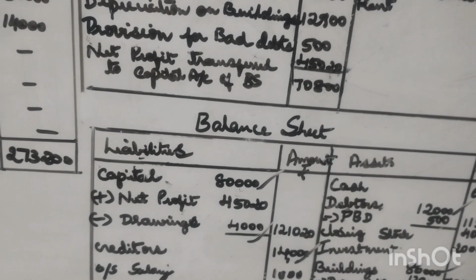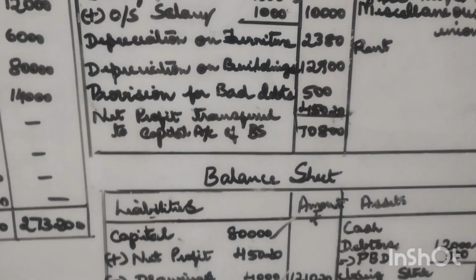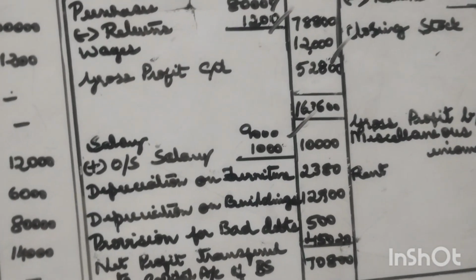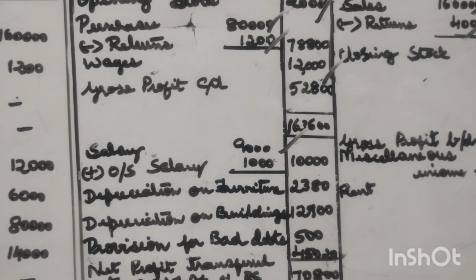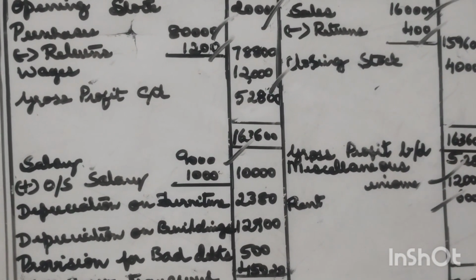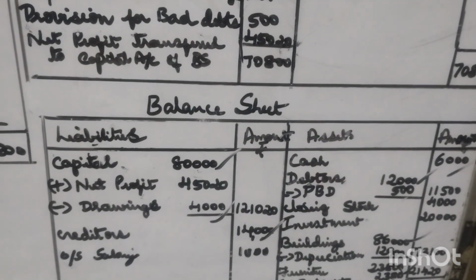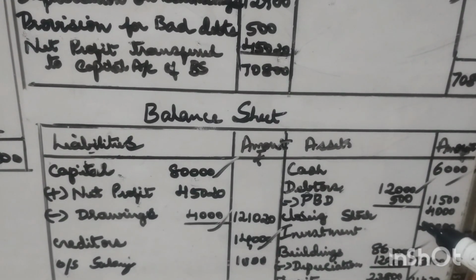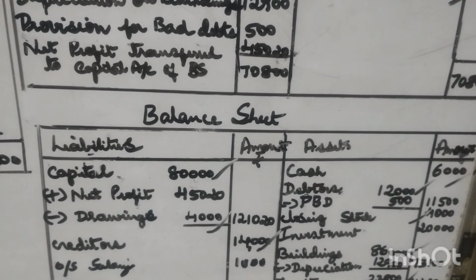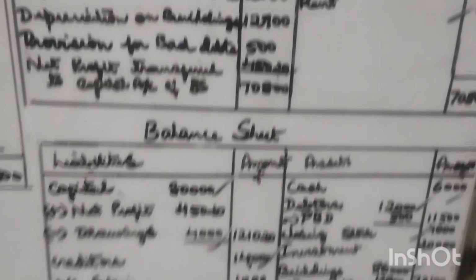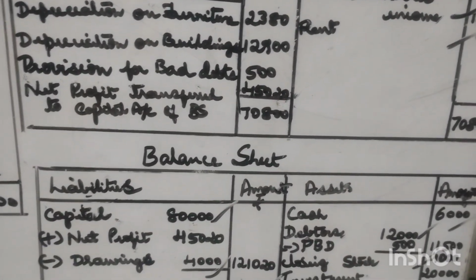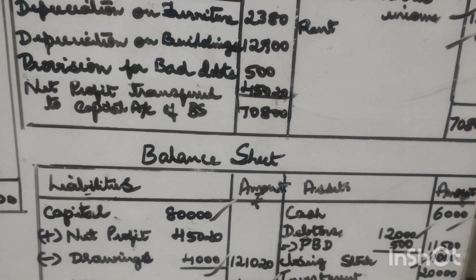Next, adjustments. Two entries have to be made. Closing stock appears in the trading account: one entry in the trading account, another entry on the asset side of the balance sheet. Next, depreciation on furniture and depreciation on building.